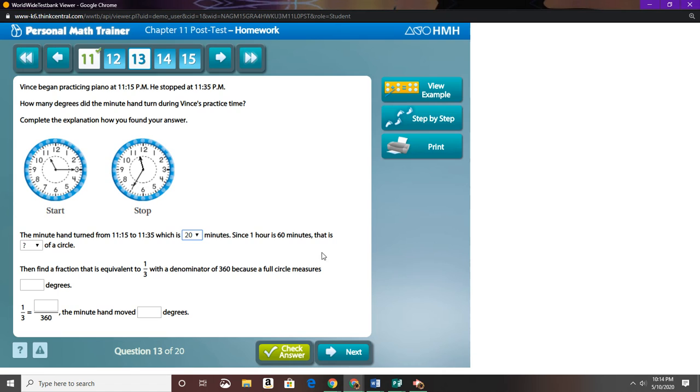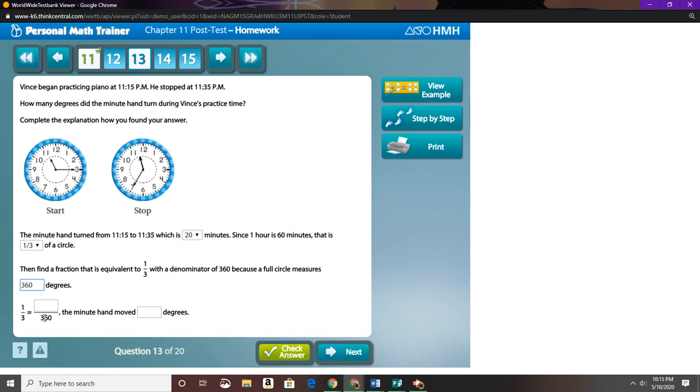Since an hour is 60 minutes, that is 1/3. 20/60ths would simplify to 1/3. To find the fraction that is equivalent to 1/3 with a denominator of 360, because a circle measures 360 degrees. So 3 times something equals 360.